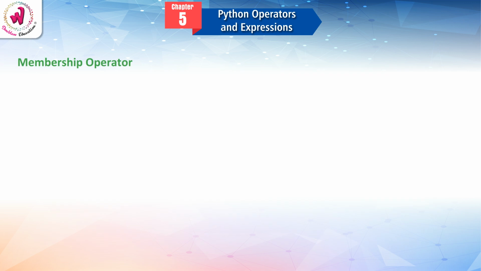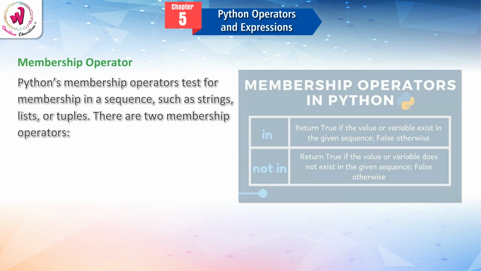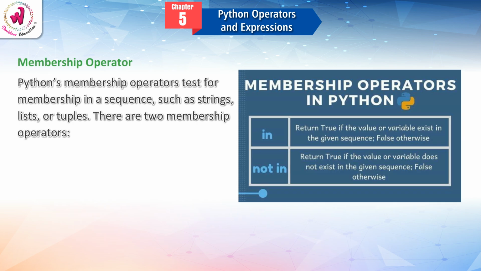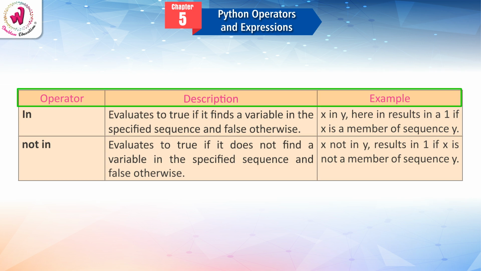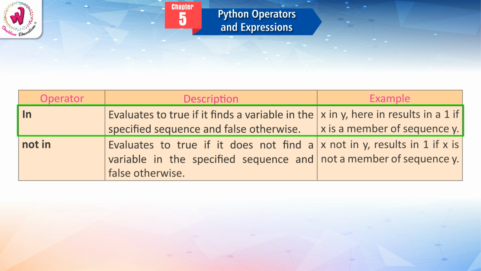Membership operator. Python's membership operators test for membership in a sequence such as strings, lists, or tuples. There are two membership operators. Operator, description, example. In evaluates to true if it finds a variable in the specified sequence and false otherwise.